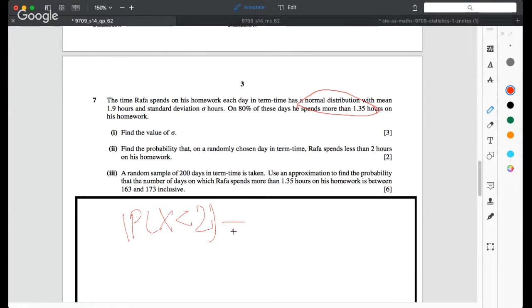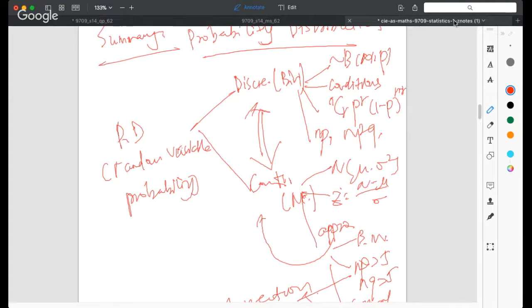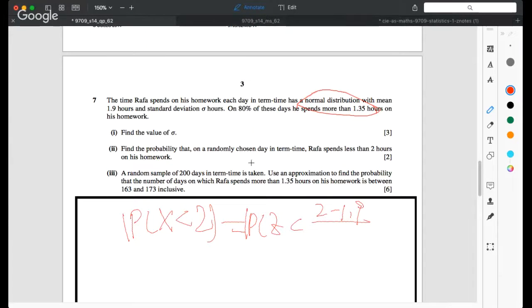And what's that? It's the probability of z less than 2 minus 1.9 divided by sigma, which we calculated just now. Sigma is 0.653. So divided by 0.653. And I think you can calculate this value by yourself and look for the answer on the normal distribution table.